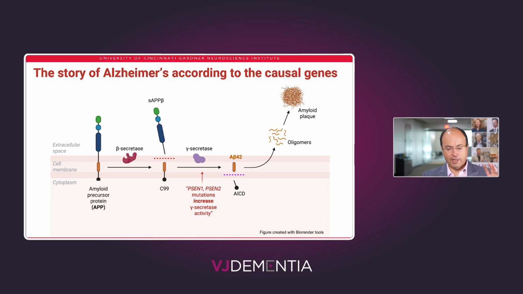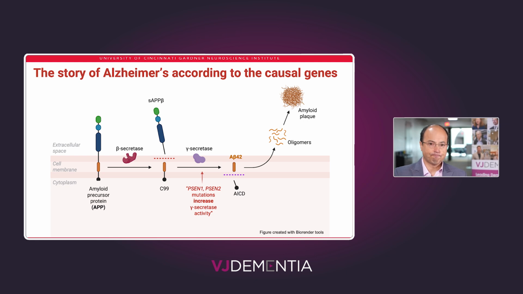And the story is that these mutations, presenilin-1 and presenilin-2, and APP to a certain extent, increase the gamma-secretase activity, which is the enzyme APP codes, and in doing so, creates more of the A-beta 42, which we think is the protein that is associated with Alzheimer's, as well as the plaques from which it comes.